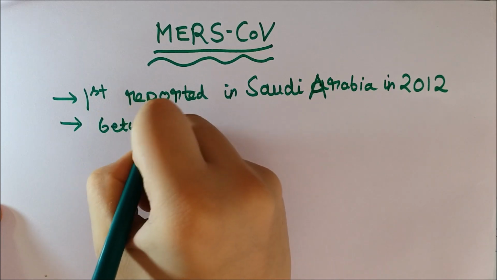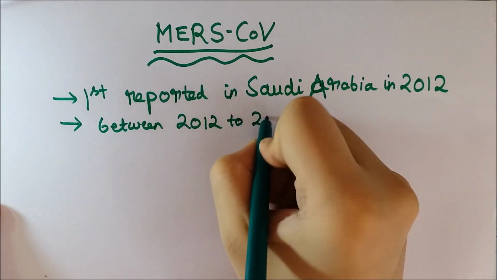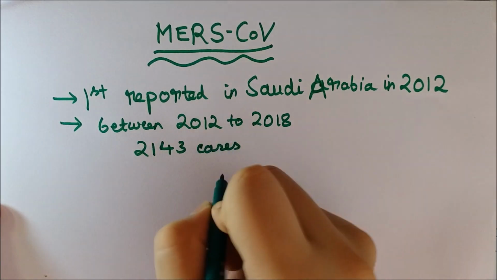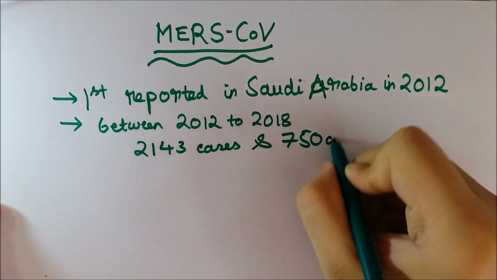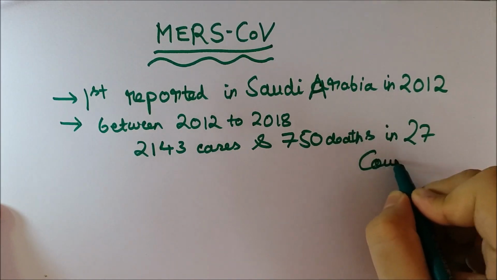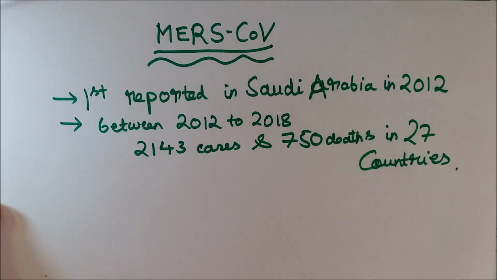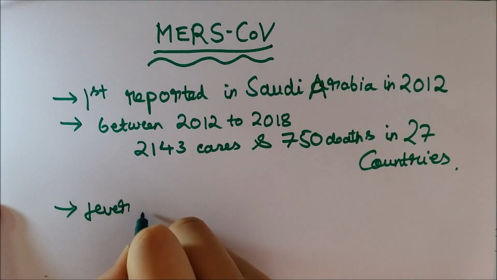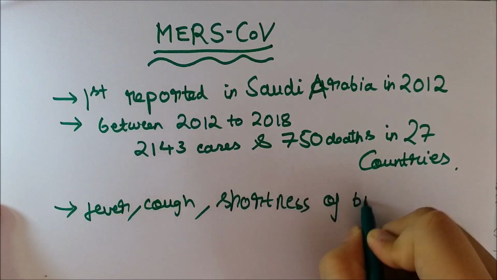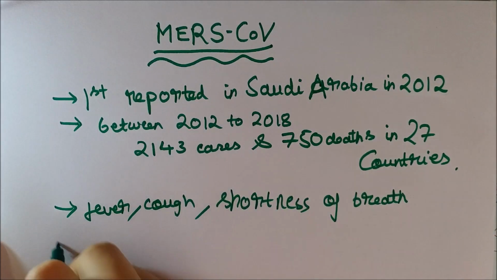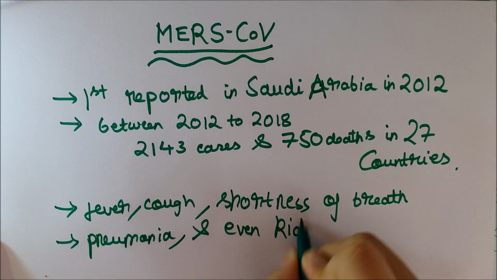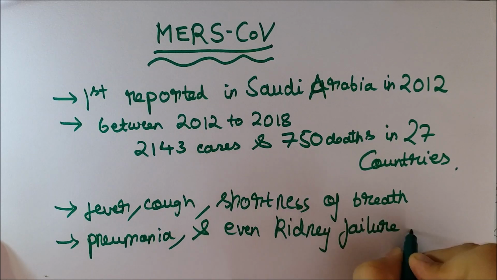And since then, from 2012 to 2018, it has caused almost 2,143 cases and 750 deaths in 27 countries across the globe. Some of the symptoms of MERS coronavirus are fever, cough, shortness of breath, pneumonia, and even it can cause kidney failure in some people.